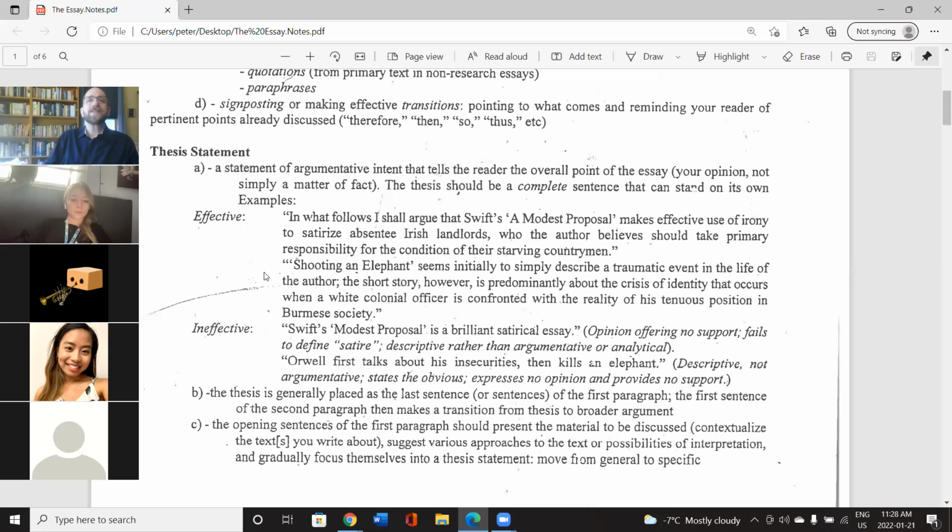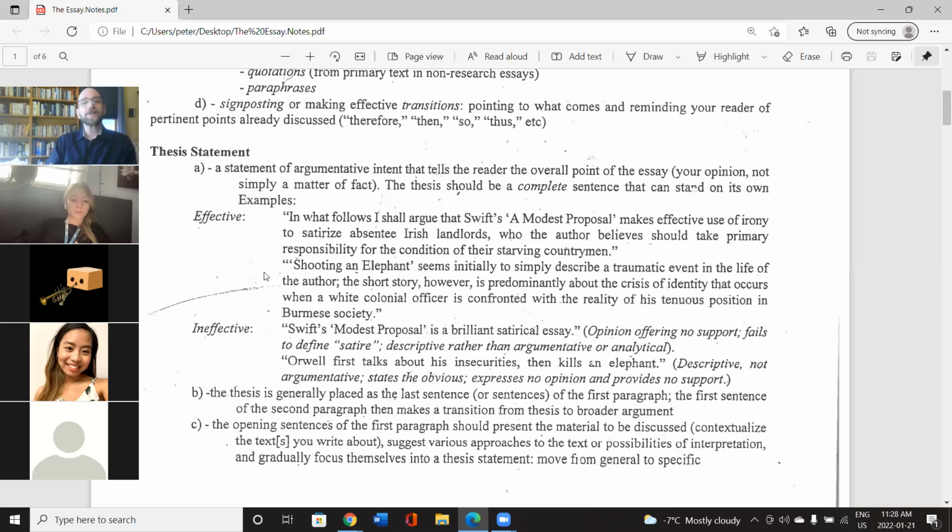It represents a crisis in his identity as a representative of the British Empire. So that is reading this story and extrapolating from a careful reading of the story, a thesis that reads the story as something more complex than it originally appears.